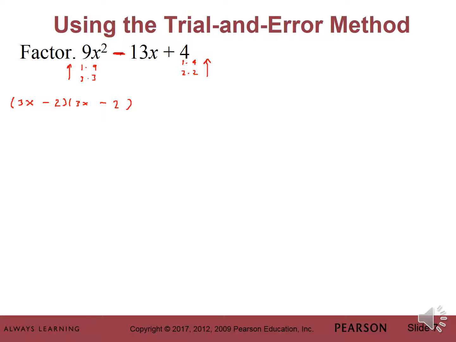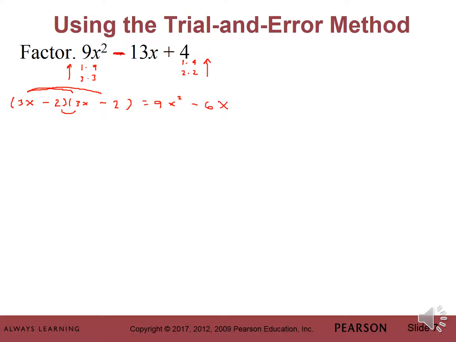But when we give this a trial here, what do we get? We know we have the 9x squared that we need, and we know we're going to have the 4. The only question is about the middle term. What do we have? Well, negative 6x, another negative 6x.